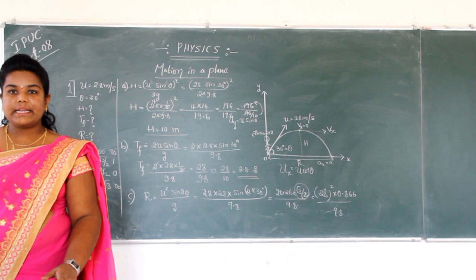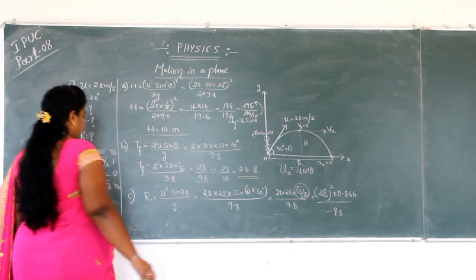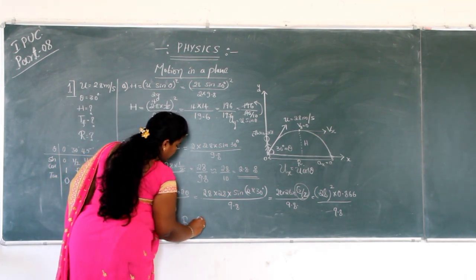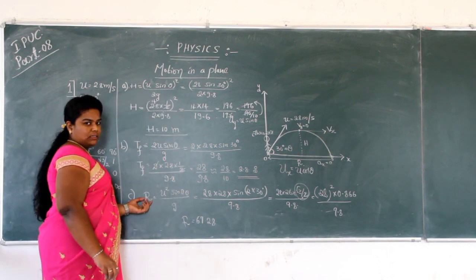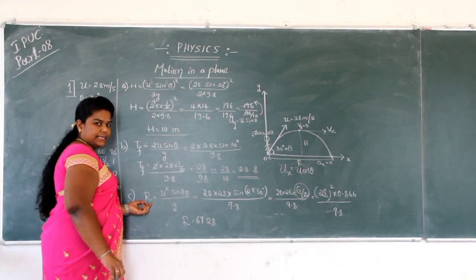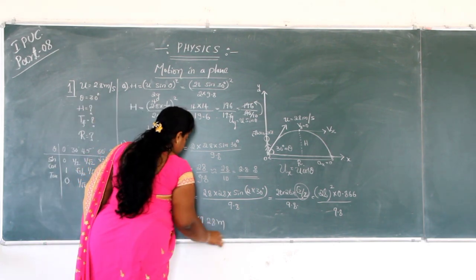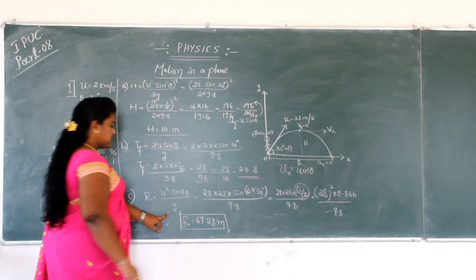So how much you will get divided by 9.8? So you will get 69.28. So the capital R is equal to 69.28. So the horizontal range of that. Horizontal range is also a distance. Distance is measured by the SI unit meter. So the horizontal range R is equal to 69.28 meter.